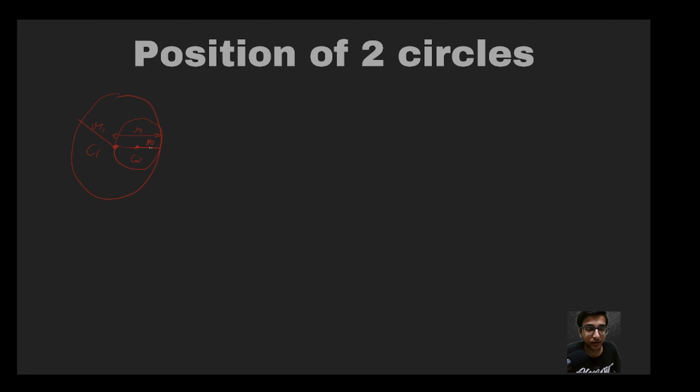So if C1C2 is equal to modulus of R1 minus R2, that means this is my case: one circle lies inside the other circle and touches it from the inside. From here, what else can I comment? That R1 is equal to 2R2, because the entire diameter of the smaller circle gets fitted into the radius of the bigger circle.